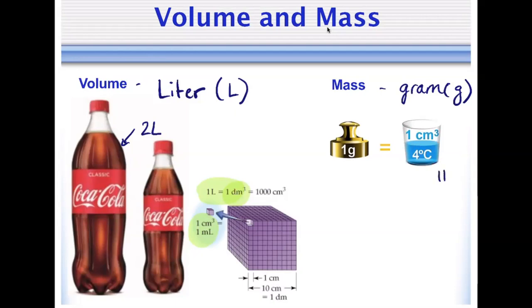So this is H2O, this is a substance. At 4 degrees, when it's the most dense, 1 milliliter of cold water is 1 gram. So that's how the gram was determined, based upon water and a cubic centimeter.